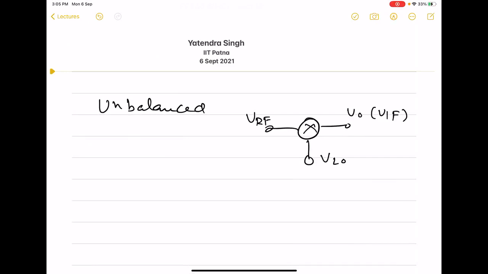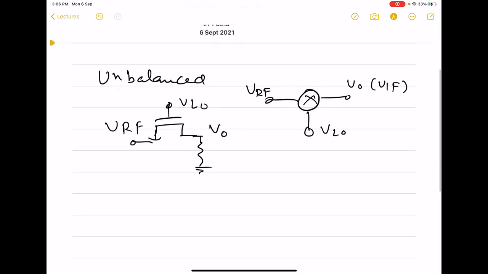And we had implemented it also using a MOS, where it acted as a switch. And we found the conversion gain for this case.